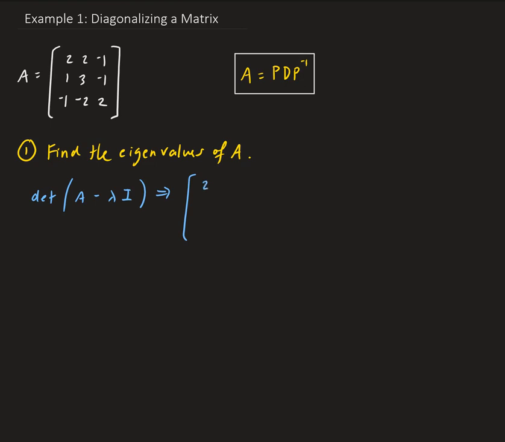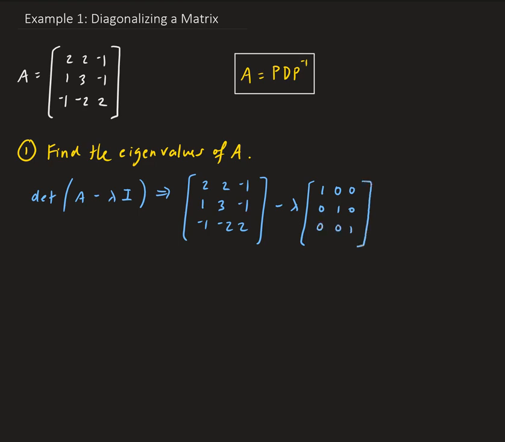So we have 2, 2, negative 1, 1, 3, negative 1, negative 1, negative 2, and 2, minus lambda times the 3 by 3 identity matrix.